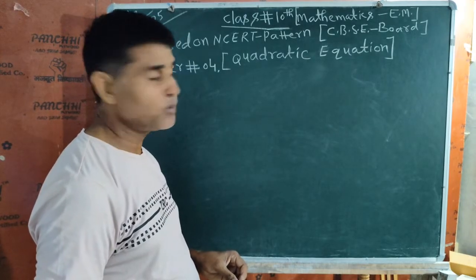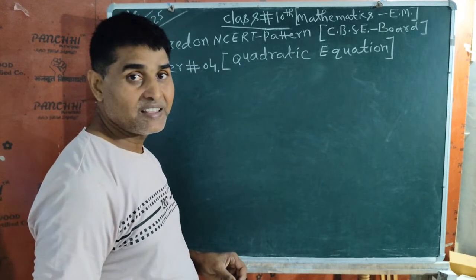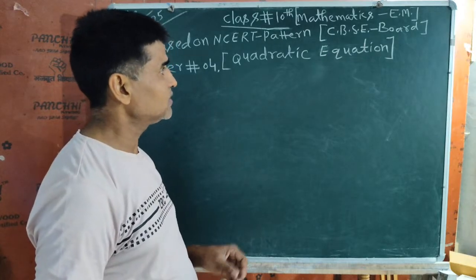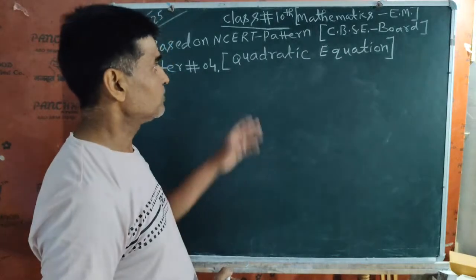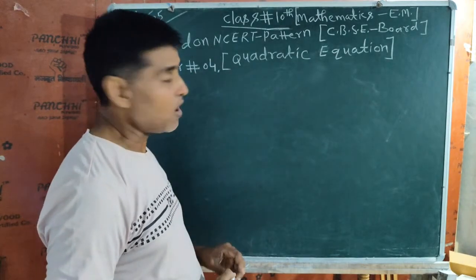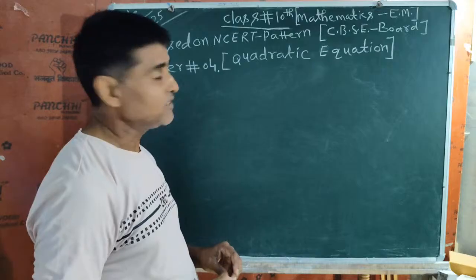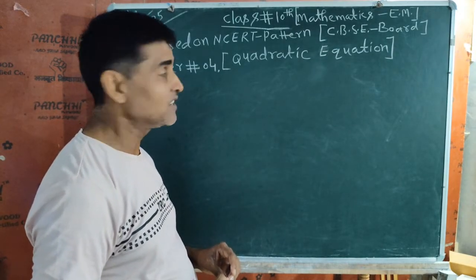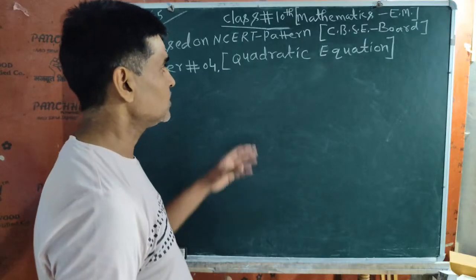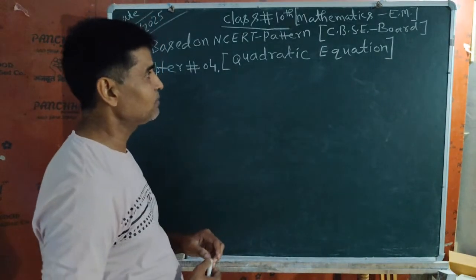In UP board the language is Hindi medium, but in CBSE board it is English medium. So each and every student can read it very easily, whether one is reading in CBSE board or in UP board.